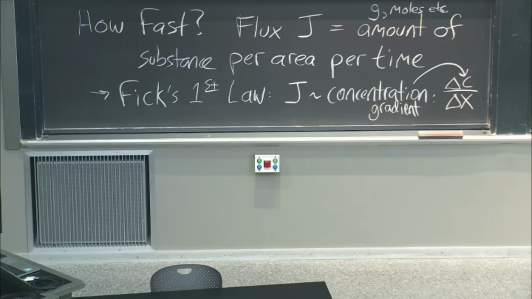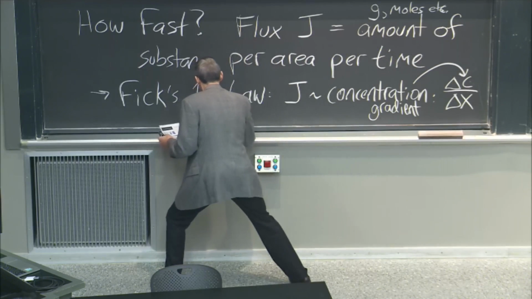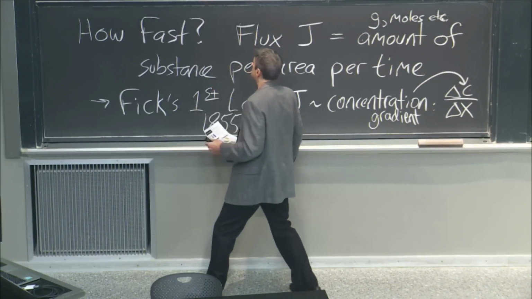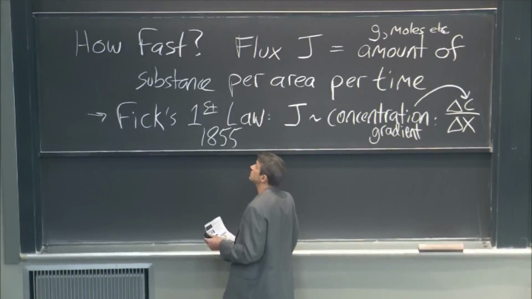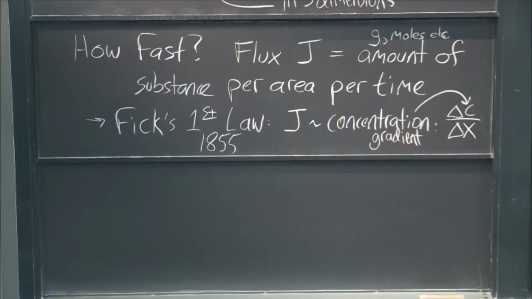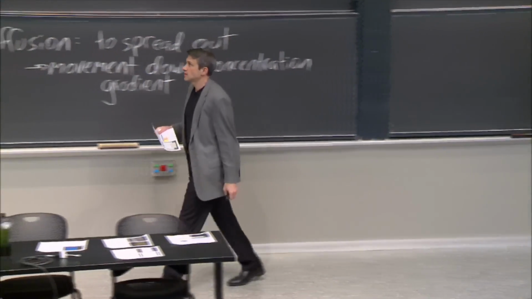And what Fick did, by the way, it didn't take as long as Einstein, but this was 55. Okay, good. So Fick came along maybe 30 years later, and he said, well, I want to know how fast things are going. I want to understand how to describe the flux of these randomly moving things.